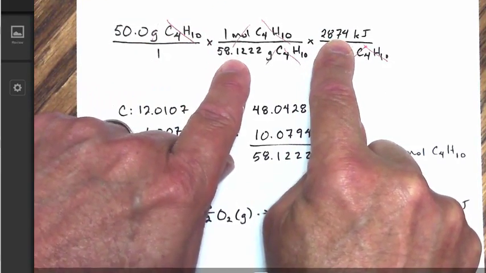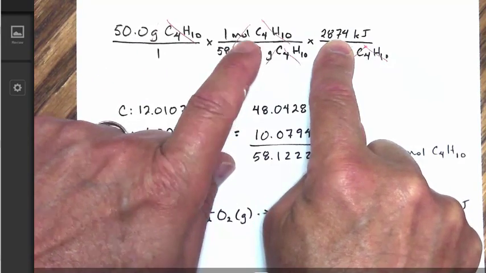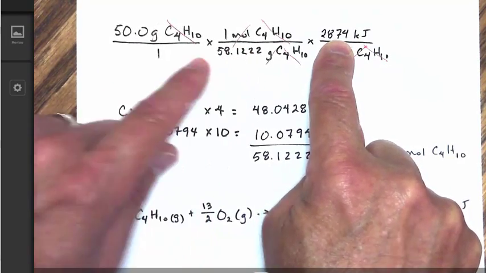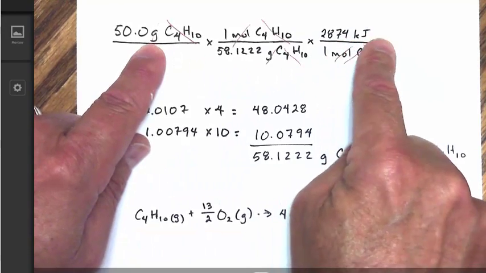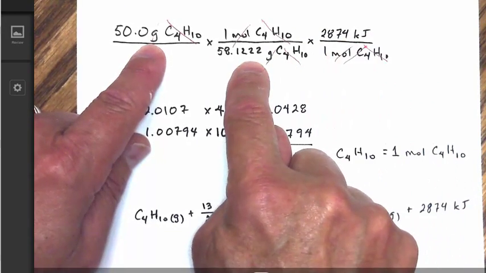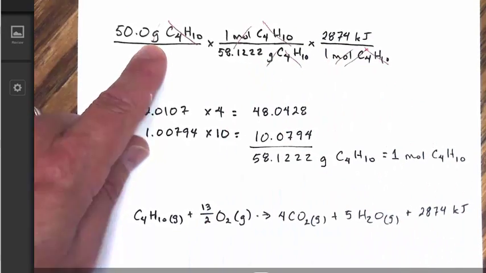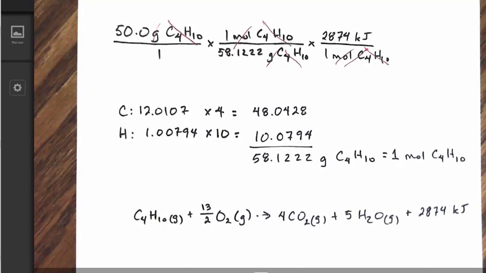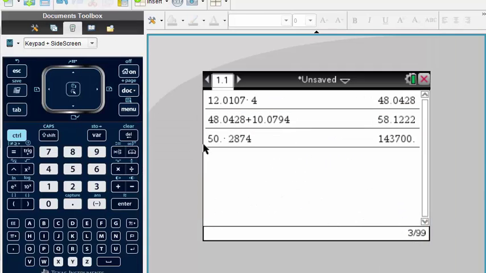Then I'm going to click my divide button, put in this number, and hit equals again. So multiply what's across the top, hit equals, then divide by this number, and hit equals again to get your final answer. So I put in the two top numbers, I've hit equals, now I'm ready to divide by the bottom number, 58.1222. And I get this number.